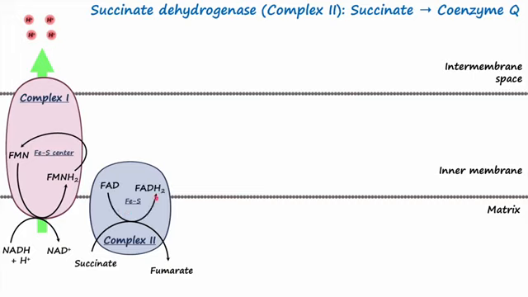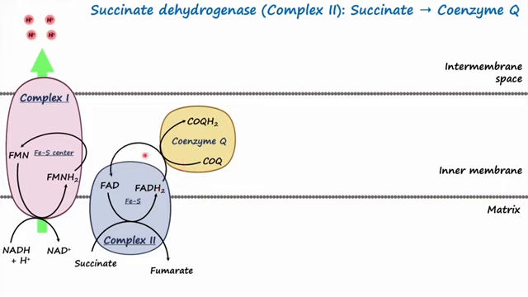So now the electrons are with FADH2, and they are transferred to a series of iron-sulfur centers, and from the iron-sulfur centers they are subsequently transferred to coenzyme Q, which reduces coenzyme Q to QH2, and as a result FADH2 is oxidized and converted back to FAD.